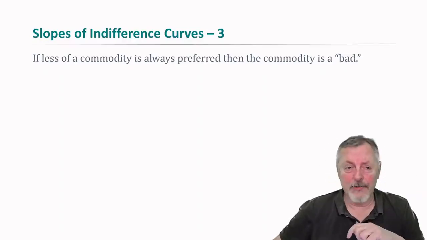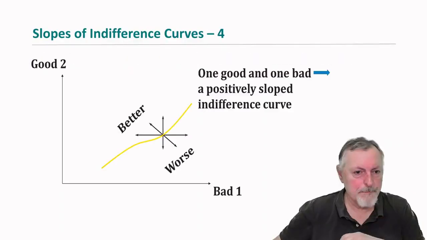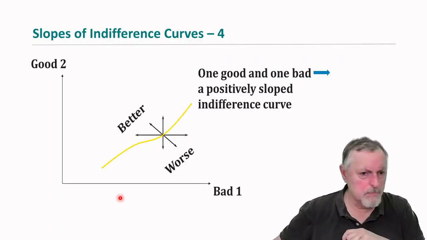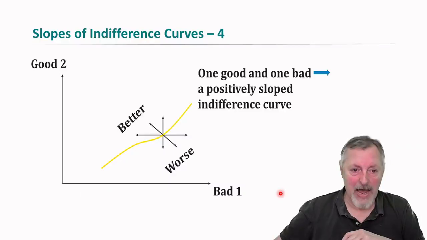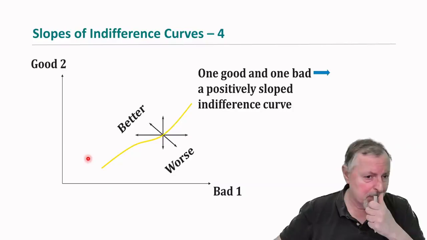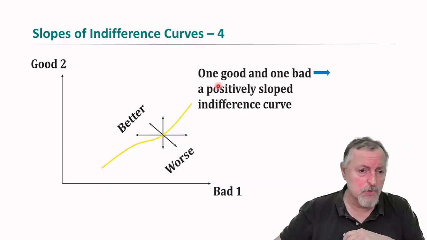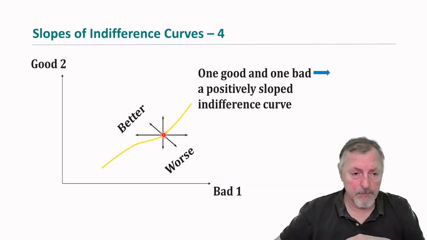Root canals, they're bad. Here's an example of two commodities. This one is a bad, this one is a good. So, going to the right makes you less happy. Having more of this thing gives you less utility. But more of this thing makes you happier. In that case, the indifference curve would go up and to the right. Imagine you're at this point.